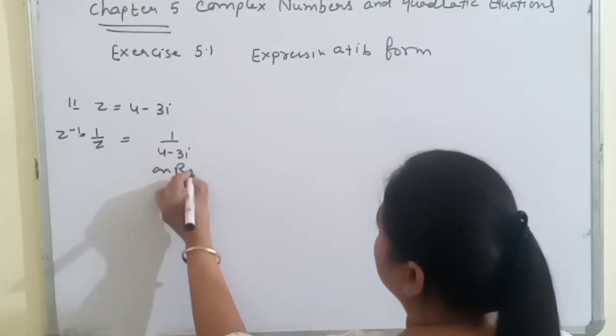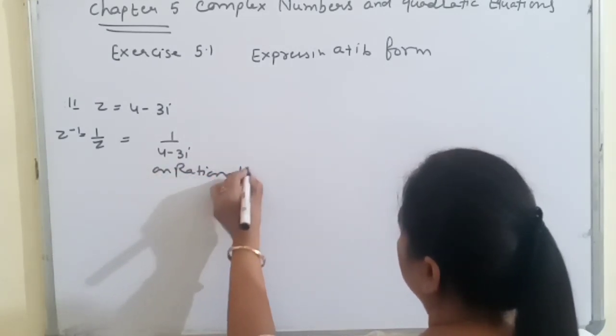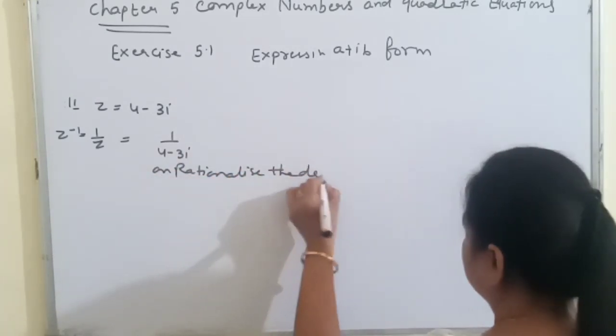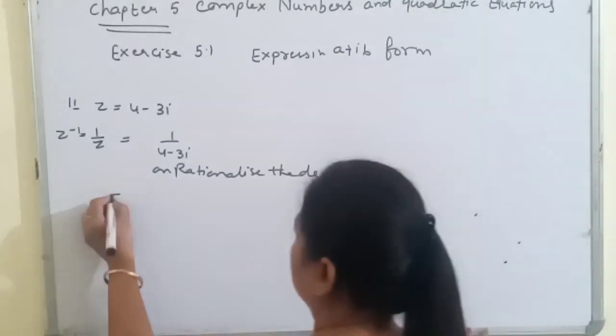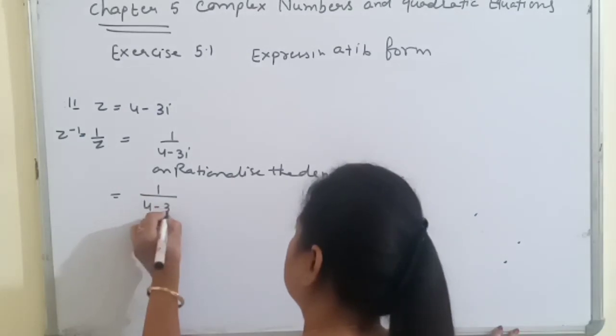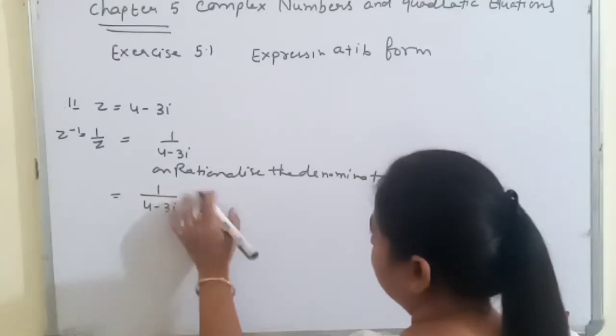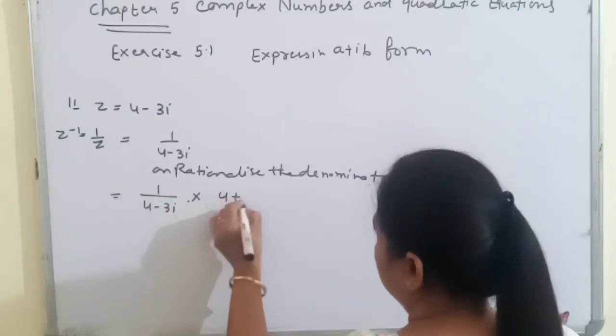On rationalizing the denominator, 1 upon 4 minus 3 iota, the same rule we will follow: change the sign.